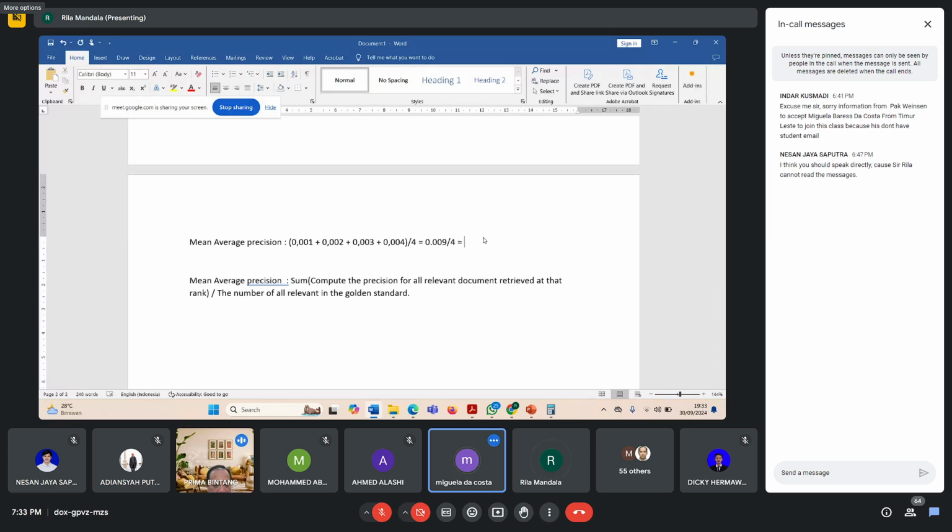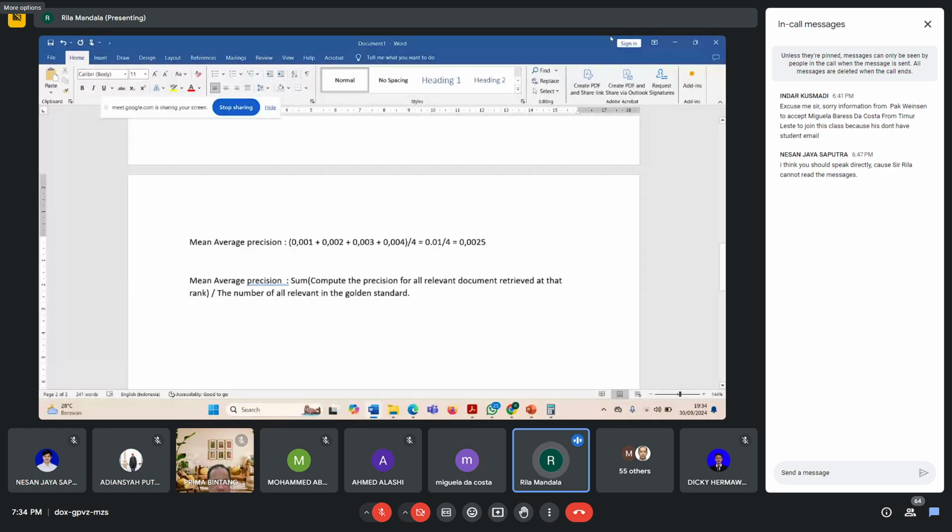I mean the total of 0.001 plus 0.002 until 0.004 actually equals 0.010, sorry. So 0.01 divided by 4 is 0.0025, yes, like this.